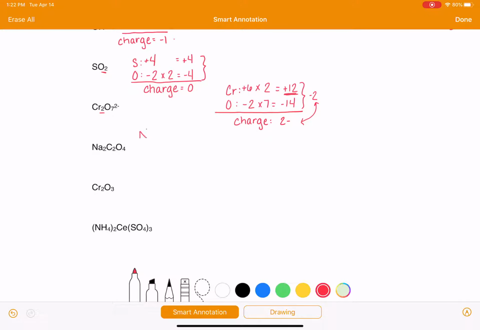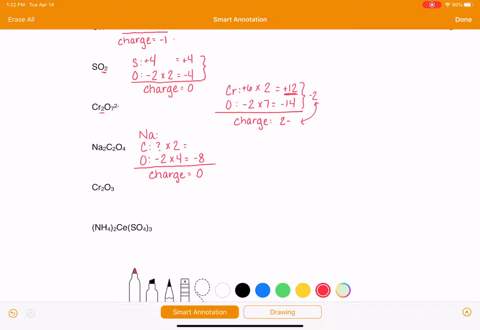Let's try this one. Sodium, carbon, and oxygen with an overall charge of 0. We know oxygen is -2, and we have 4 oxygens, so that's going to add up to a total of -8. We don't know what carbon is, but we've got 2 of them.